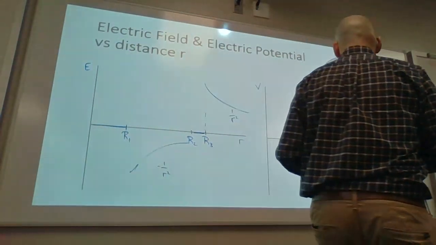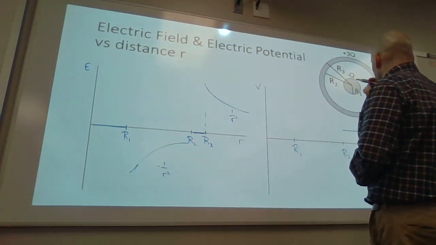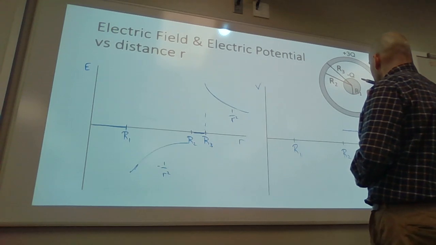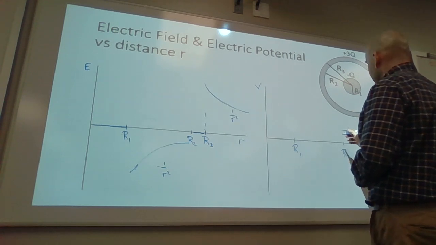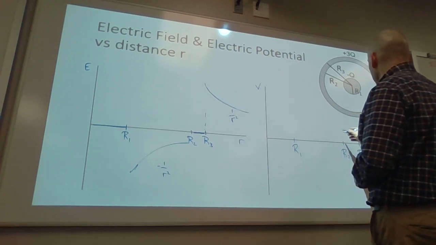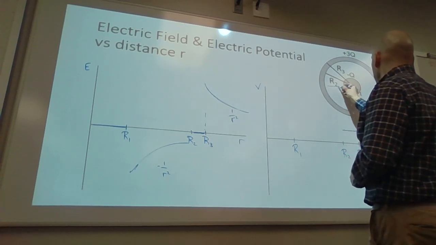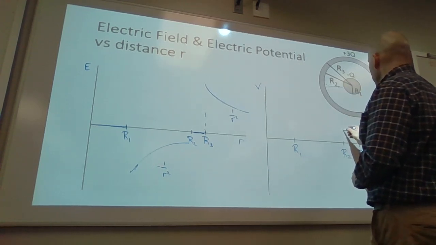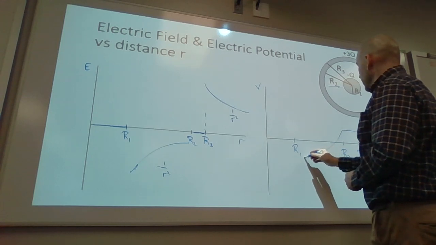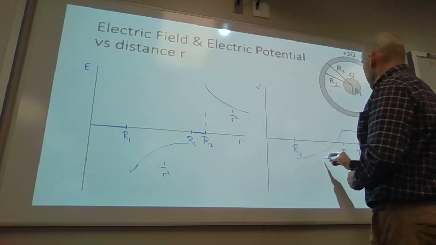And then electric potential here. Did we go 0? Hold on, I'm thinking. So as we progress, we're going lower in electric potential. You know what I mean?